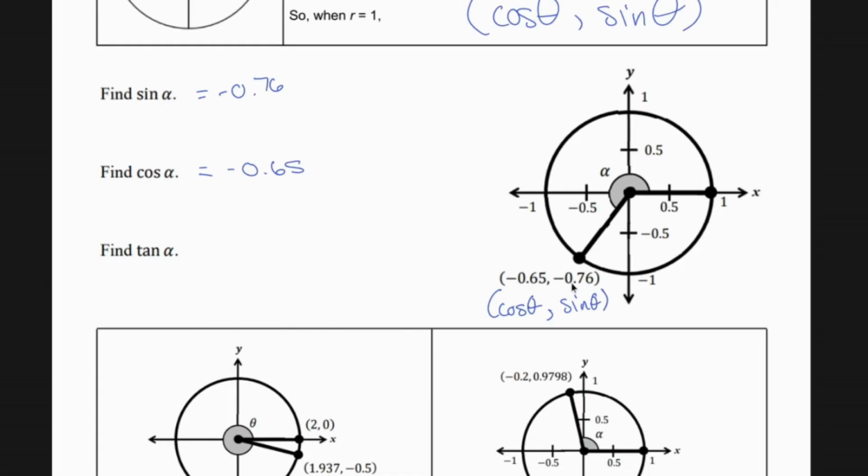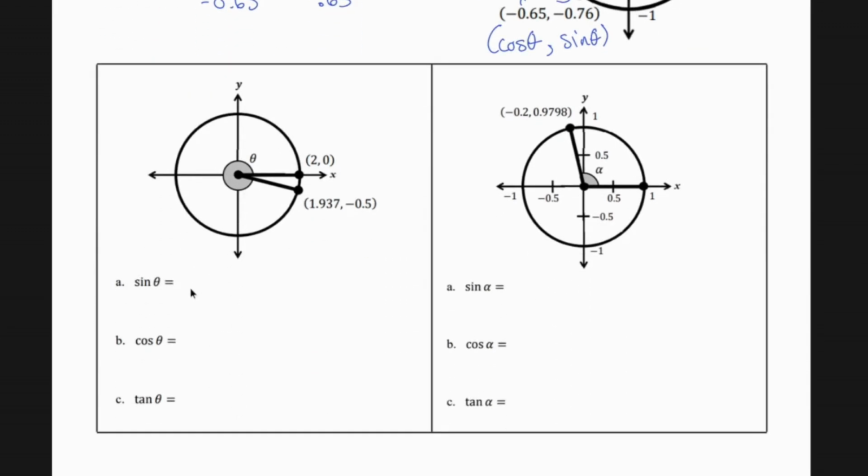And tangent alpha is just going to be my y value over my x value, so negative 0.76 over negative 0.65, and we're not going to lose any sleep trying to simplify anything. So 0.76 over 0.65. Okay? Easy peasy lemon squeezy.